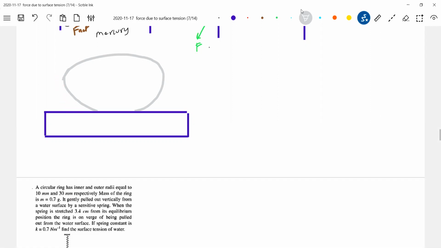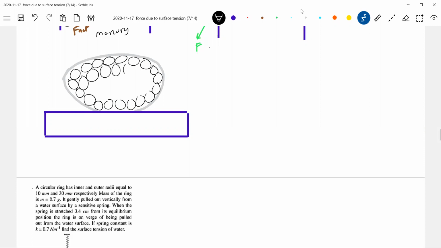So everything is mercury, and I'm showing only the free surface. Then the molecules you have to show like this. These are the molecules. Tell me, what is the angle of contact?